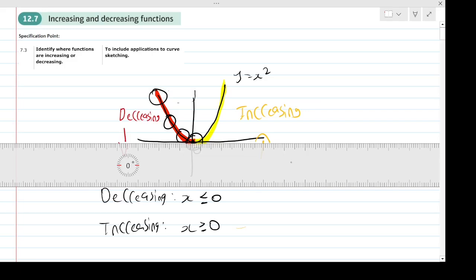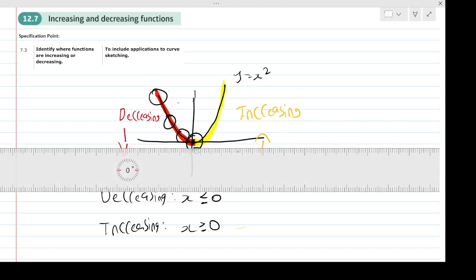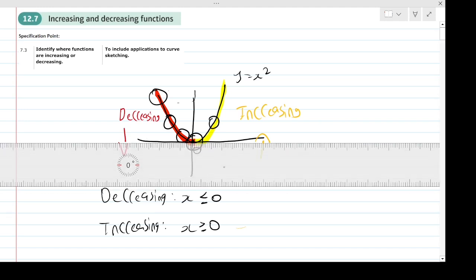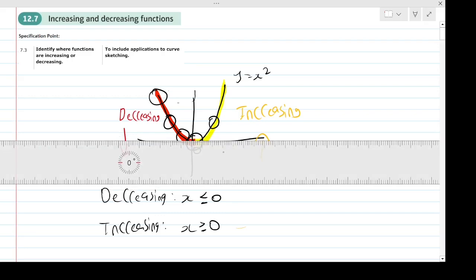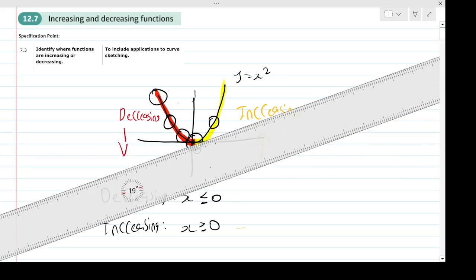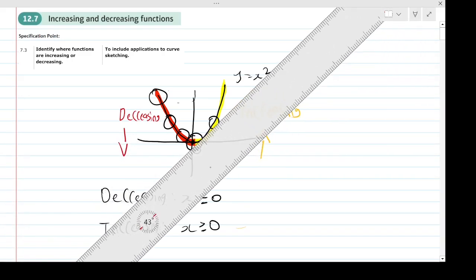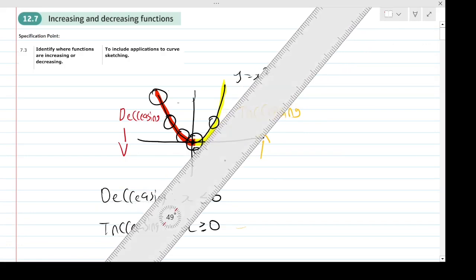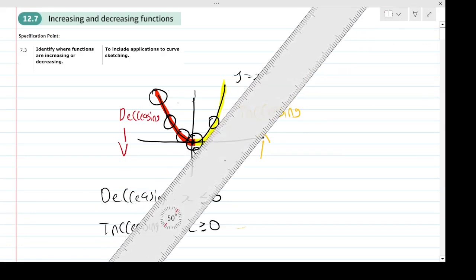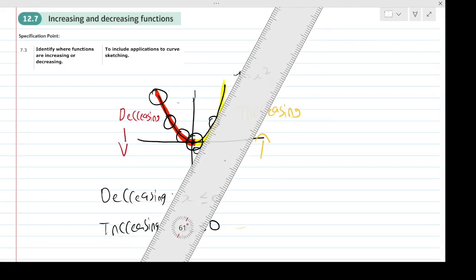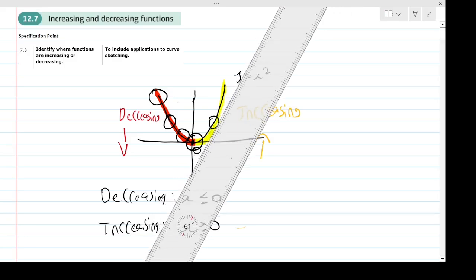Okay, let's do the same for increasing, and now let's draw the tangent at that point on the yellow part of the curve. You can see it's starting to increase now. I'm starting to make it steeper and upwards, so it's become positive. It looks something like that.